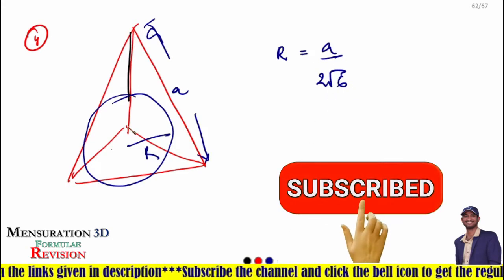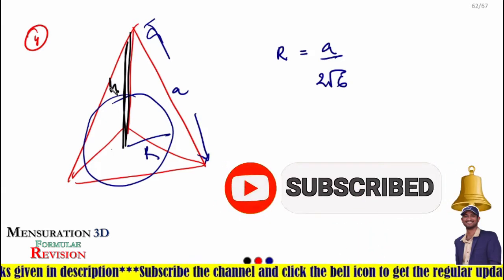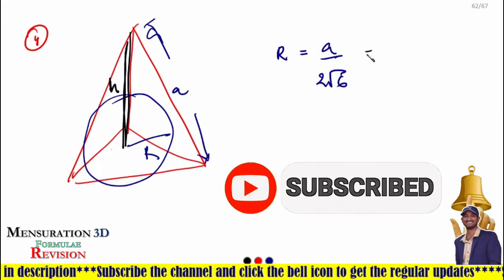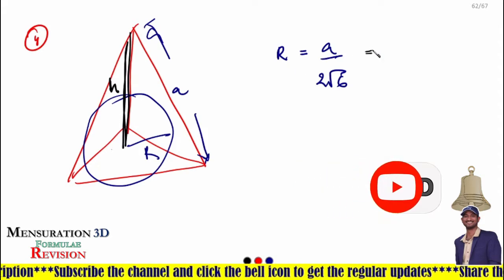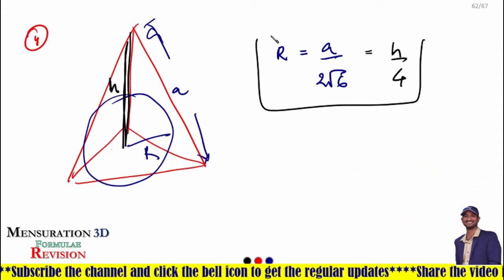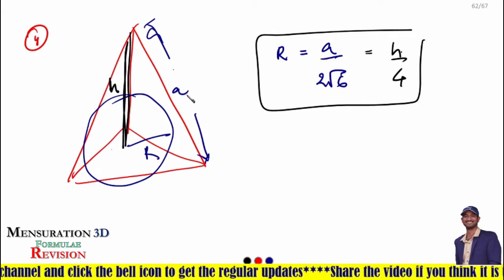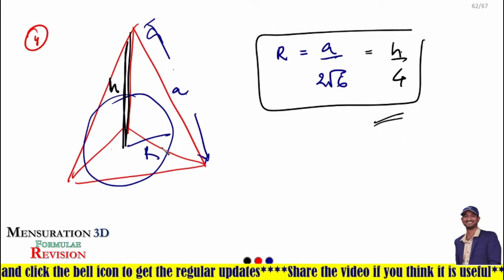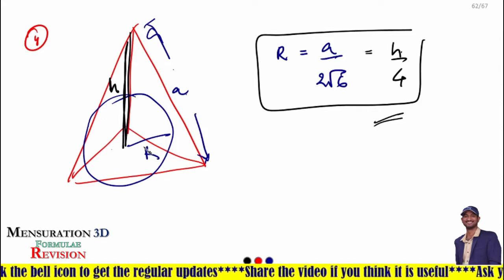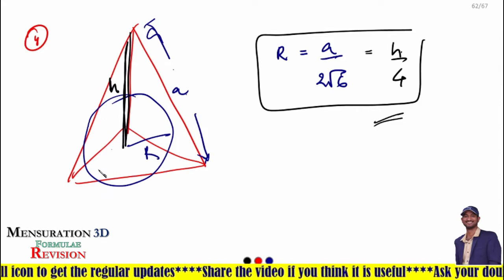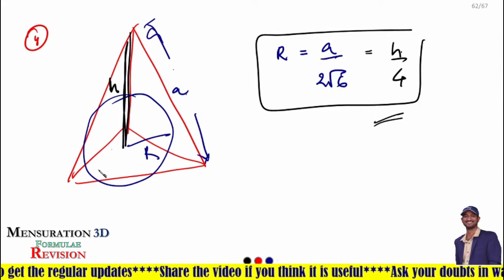Suppose the height of the tetrahedron is given as h, then the radius of the sphere is h by 4. If the tetrahedron edge length is given, a by 2 root 6 is the maximum radius of the sphere which is inscribed in that tetrahedron.